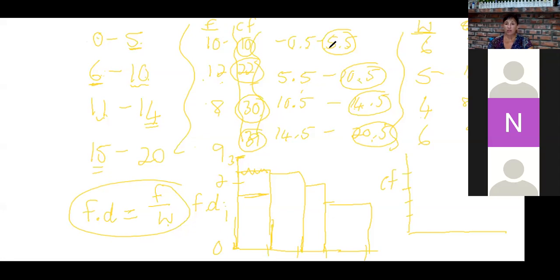Okay, the upper bound. So 5.5 for 10. It's 5.5 to 20.5. So let's go in 5s. 5, 10, 15, 20. So 5.5 for a cumulative frequency of 10.